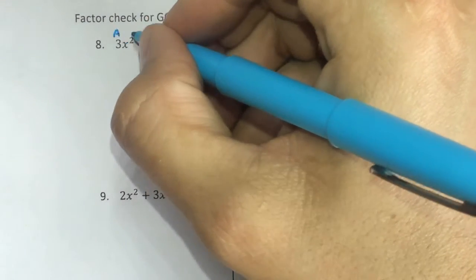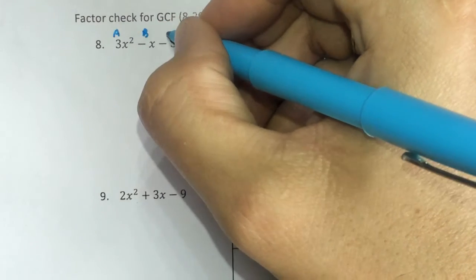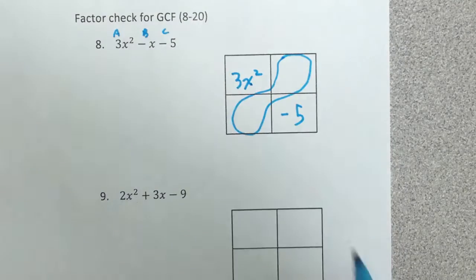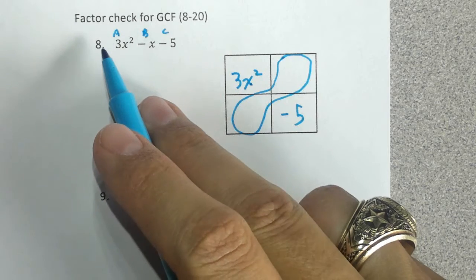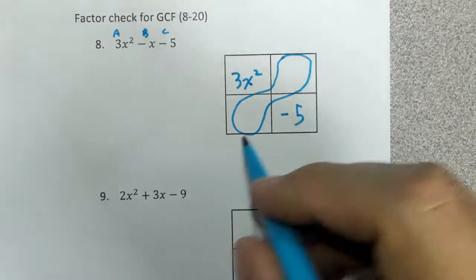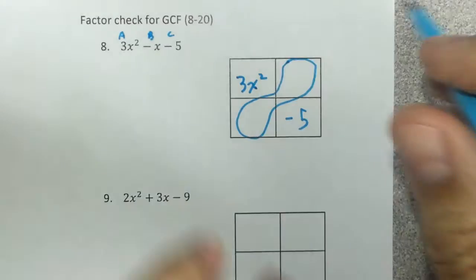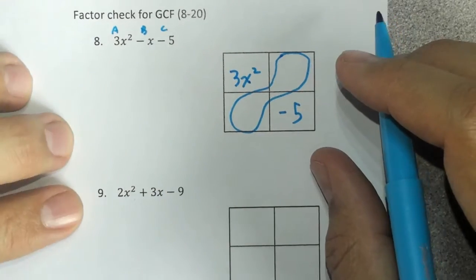This is A, this is B, and this is C. Those are the coefficients. I'm going to write more of this out than I need just so you see it.